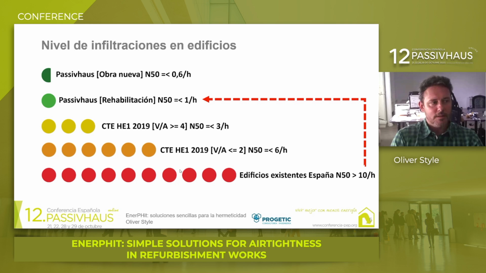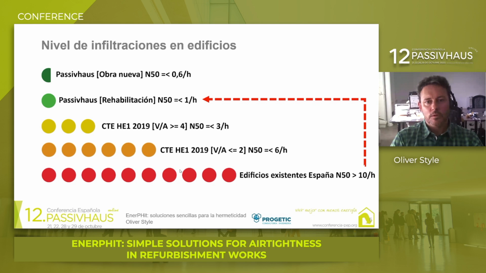When rehabilitating existing buildings under the passive house standard, we're talking about a reduction by a factor of 10 in infiltration level, something which is clearly a challenge. Rehabilitation clearly has its complications in that sense.